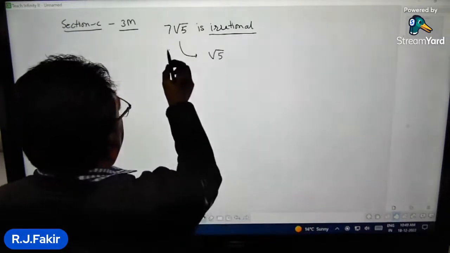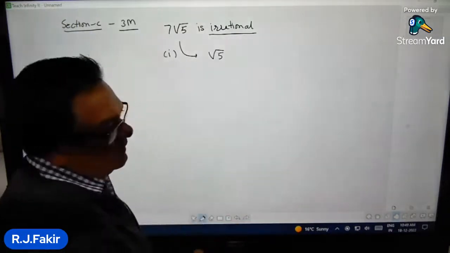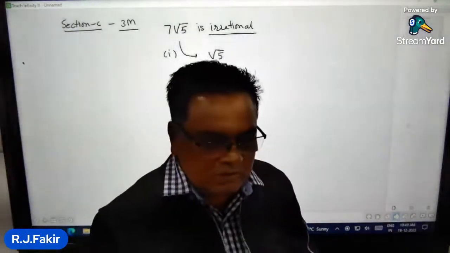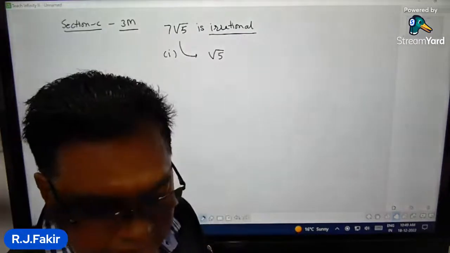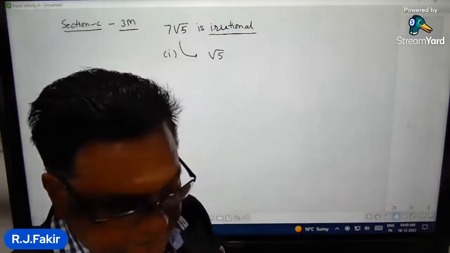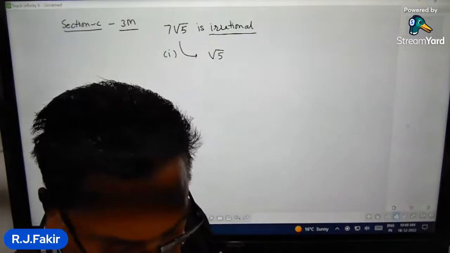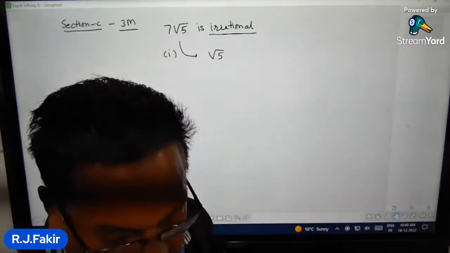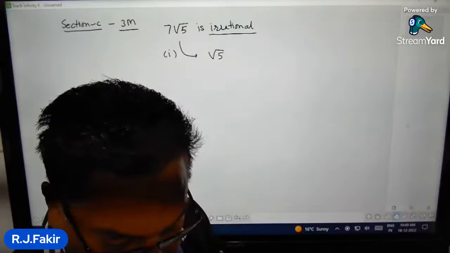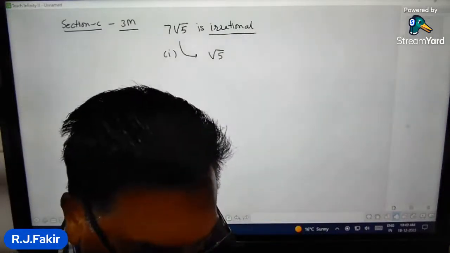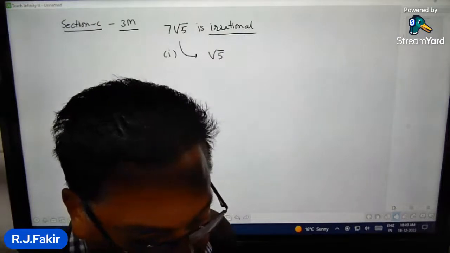So your first part of your solution should be describing how you have proved that root 5 is irrational. And after that, you can follow those steps to prove 7 root 5 is irrational. Don't do it directly or take it for granted that root 5 is irrational.